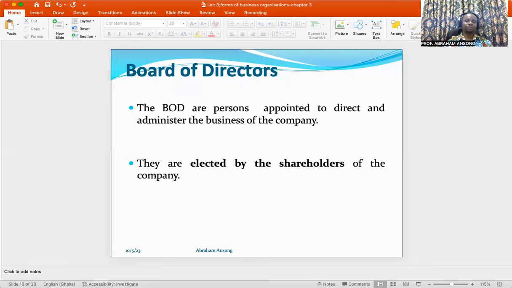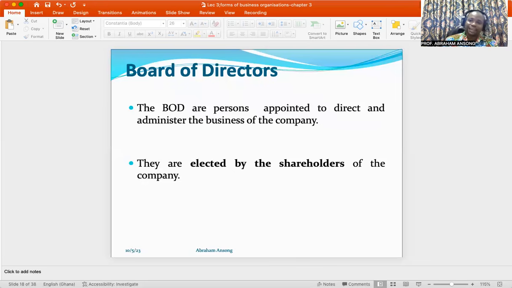Okay, but it's important for us to note also that the board of directors are different from the management of the company. The board of directors, when they are formed, will normally then appoint what we call the top management of the company. Some of the key positions like the CEO, COO, auditors, whatever. Some companies have, say, a finance officer or audit officer, or some top positions that must actually be appointed by the board of directors.